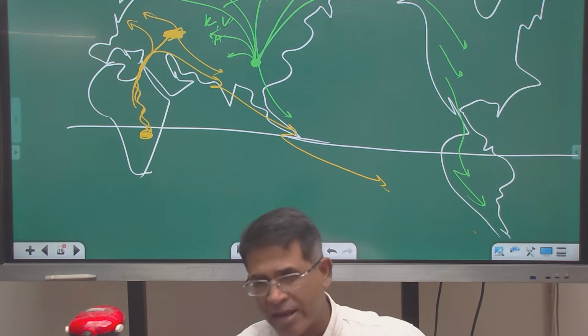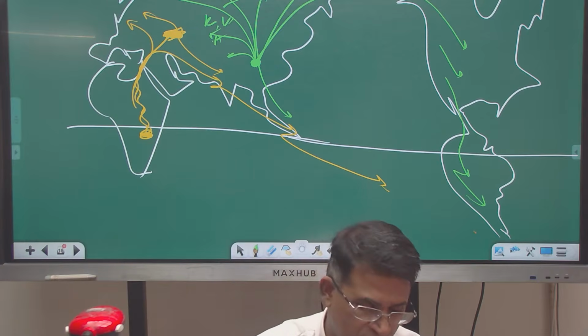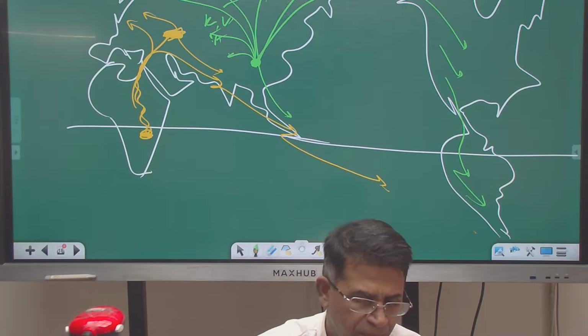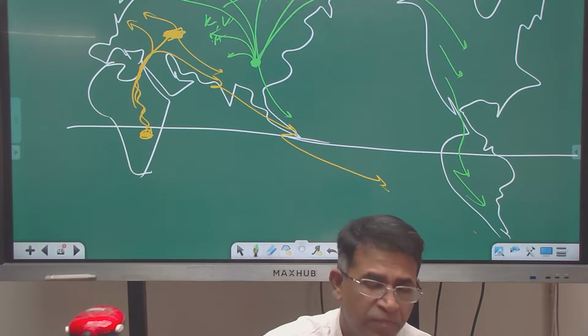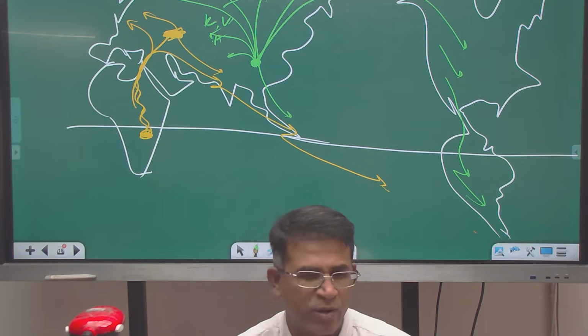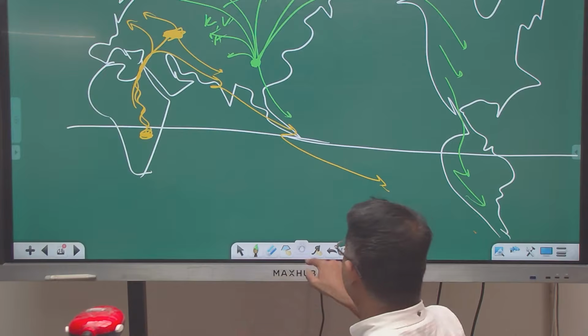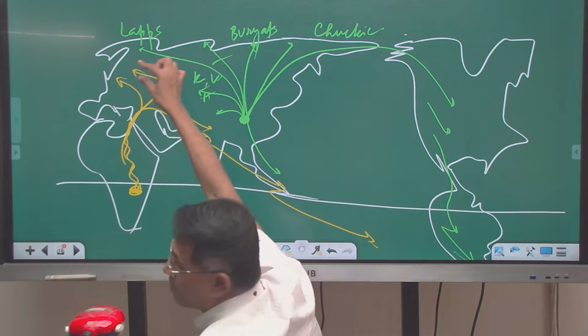They make up the tribes or the people of the Arctic coasts or tundra land. Tundra is one type of climate. The climate of these areas is called tundra climate.